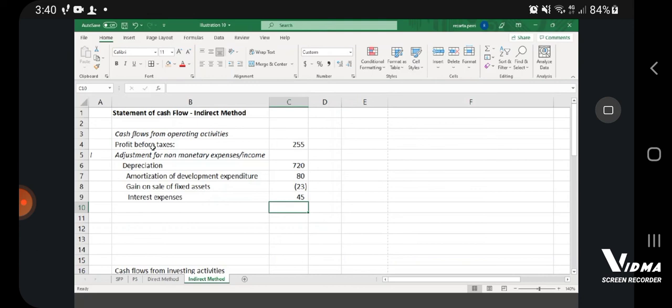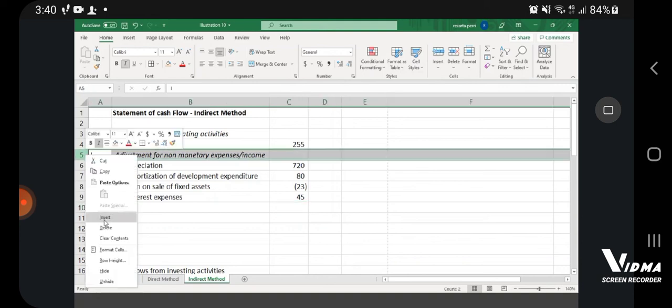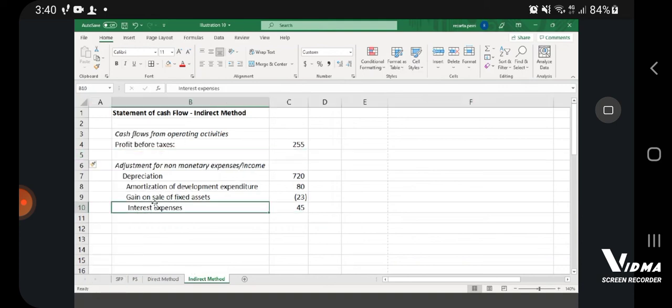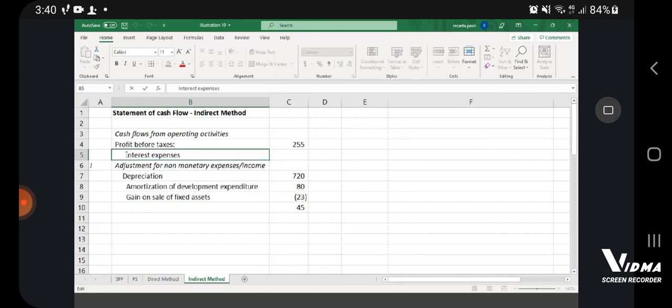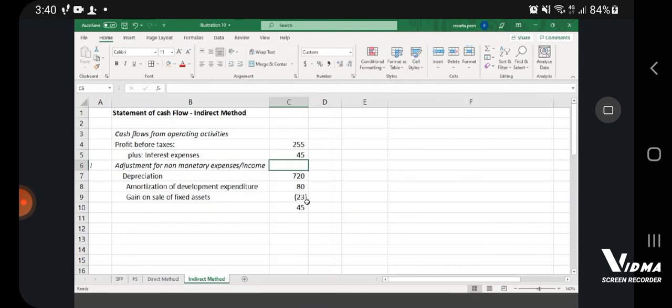I have to add them back, not because they are non-monetary expenses, but because I will include them later. Actually, it would be more appropriate to include them here, so I would say plus interest expenses 45. Why? Because they are to be included as a certain item at the bottom of the cash flows from operations. Okay, questions?